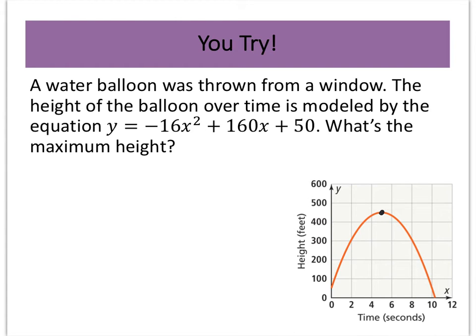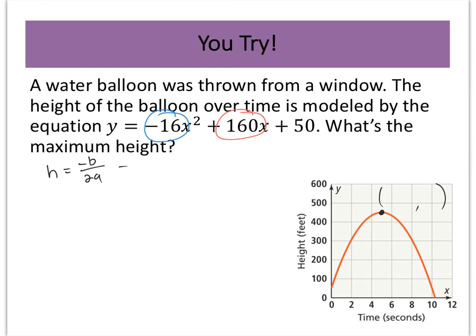Hopefully you've gotten a chance to try to identify the maximum height here, and we're going to go through it. So we're looking for the x value of the maximum, and we know that's the h in the equation. So we know from class that h is equal to negative b over 2a, and we've got our a, our b, and our c, but c doesn't matter in this equation.